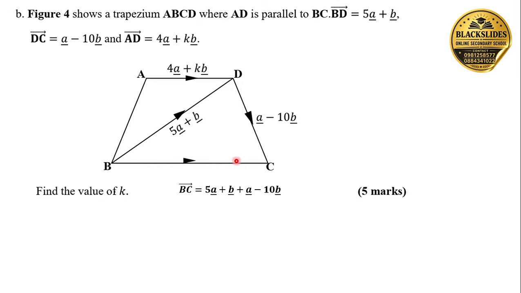So once we find BC, it means we can now find k by relations. Simplifying this, 5a add a is 6a, and b plus minus 10b is minus 9b.